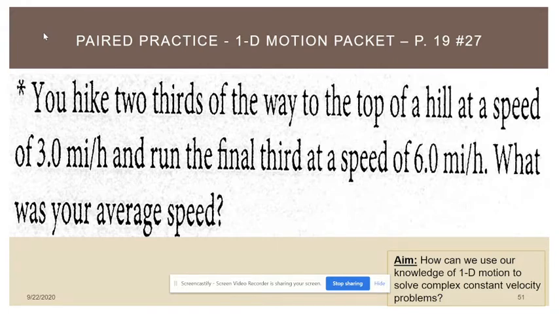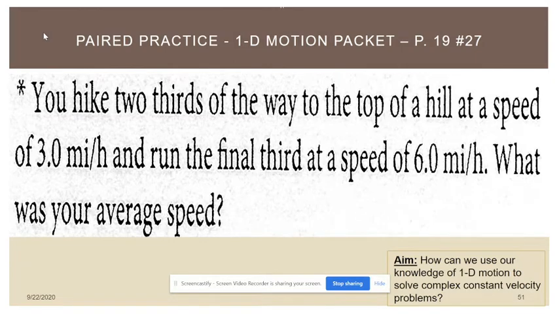Take a second to think about that. Now, if we were in class, I would probably ask you the question, what do you think the average speed is? Who has an idea of what the average speed is?